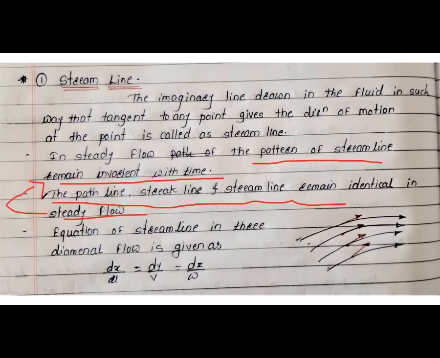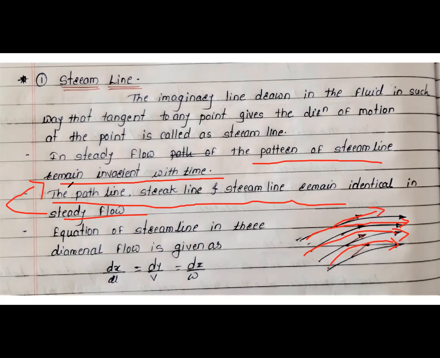A flow characteristic which does not change with time is known as steady flow. So in steady flow, the streamline, path line, and streak line are identical to each other, meaning they are the same. This is the curvature of the line showing the streamline, and the tangent drawn to a point shows the direction of flow.